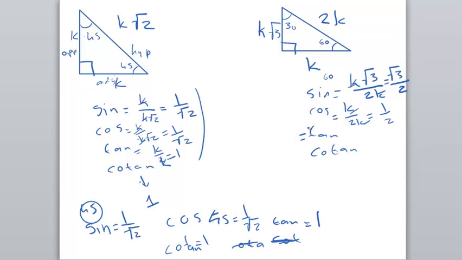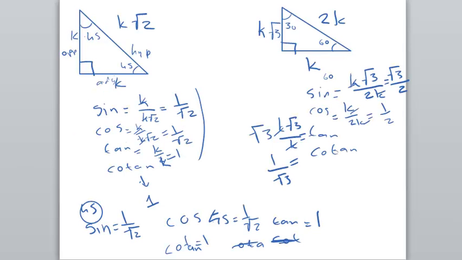Tangent will be equal to opposite over adjacent, which is k root 3 over k, which means it is root 3. And cotangent is just the opposite, as we said, of tangent, so it will be equal to 1 over root 3.